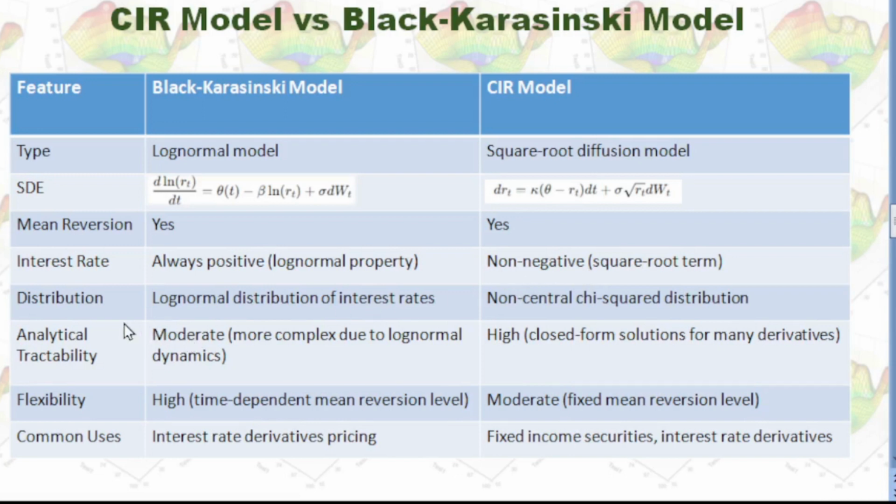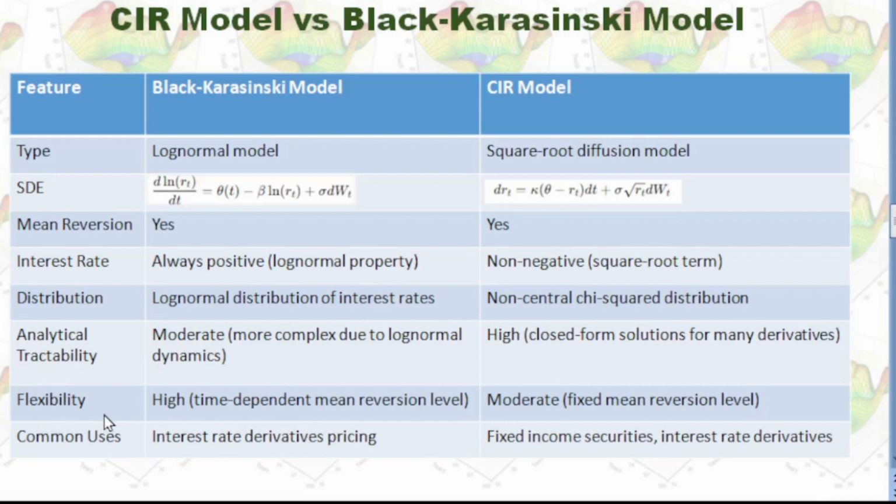For the distribution, Black-Karasinski model follows log-normal distribution of interest rates, but the CIR model follows non-central chi-squared distribution. And the Black-Karasinski model is more complex due to log-normal dynamics. And the CIR model has these closed form solutions for many derivatives.